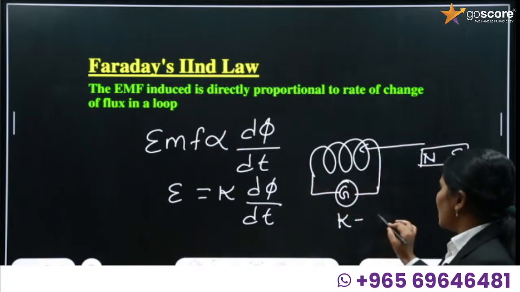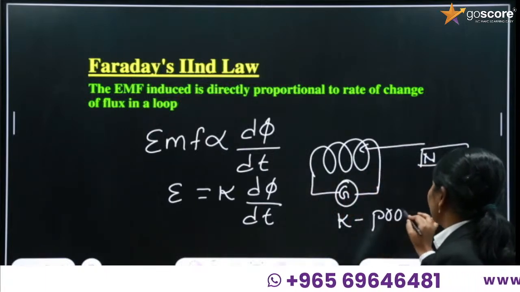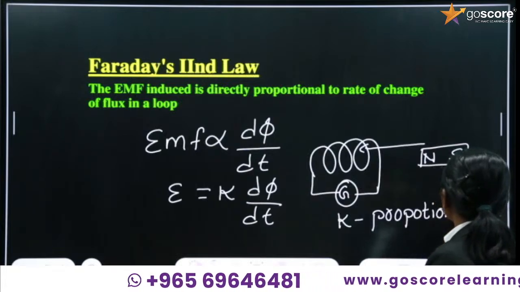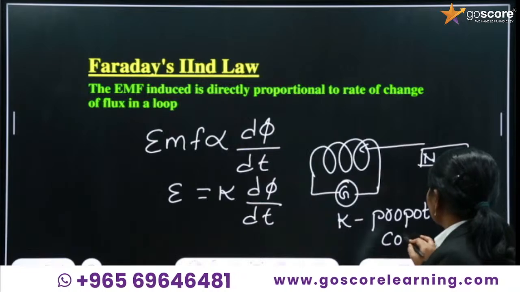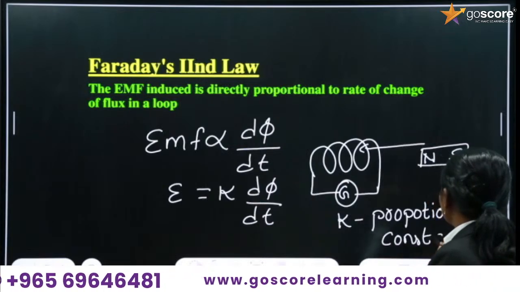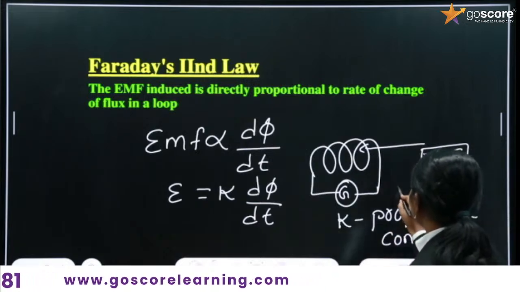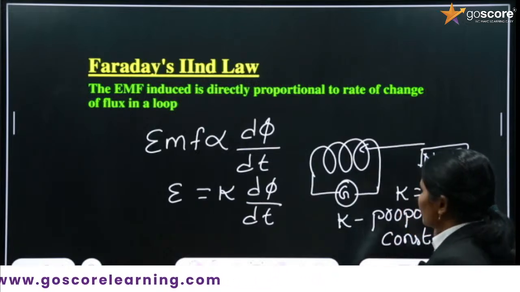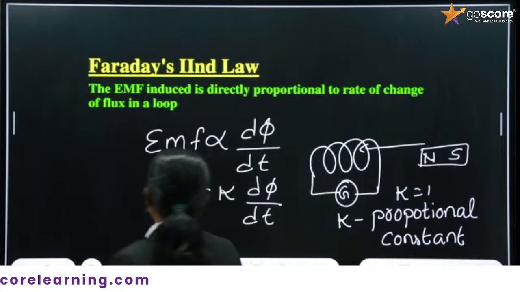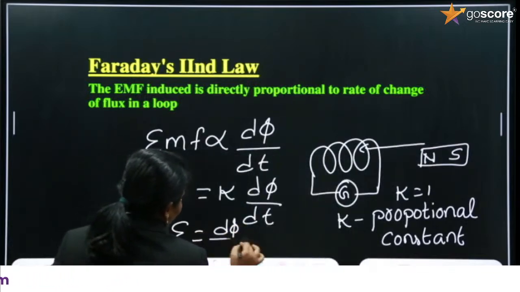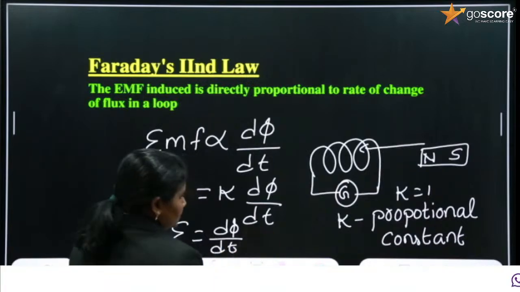I am considering the proportional constant as 1. Then E is equal to d phi by dt.